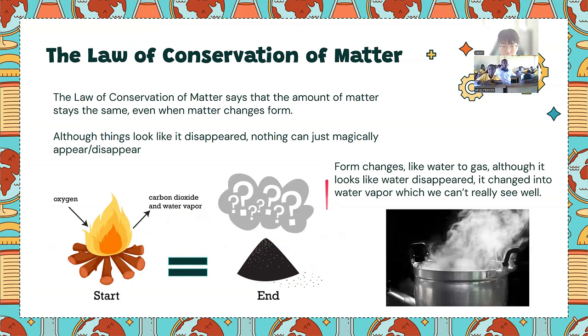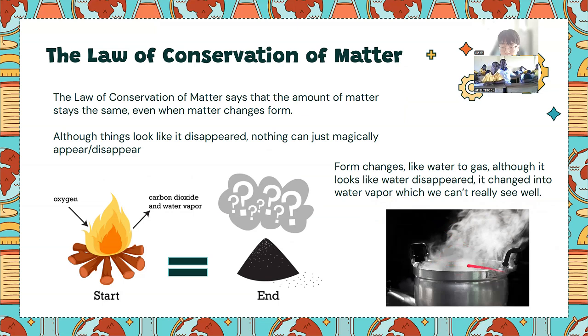Another example is regarding the form change, maybe a simpler one, like water to gas. So although it looks like the water just disappeared and vanished, it simply changed into water vapor, which we can't see really well with our naked eye.